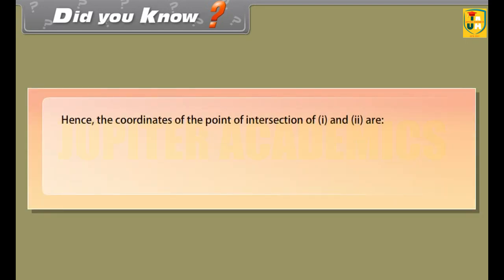Hence, the coordinates of the point of intersection of 1 and 2 are b1 c2 minus b2 c1 by a1 b2 minus a2 b1, c1 a2 minus c2 a1 by a1 b2 minus a2 b1.